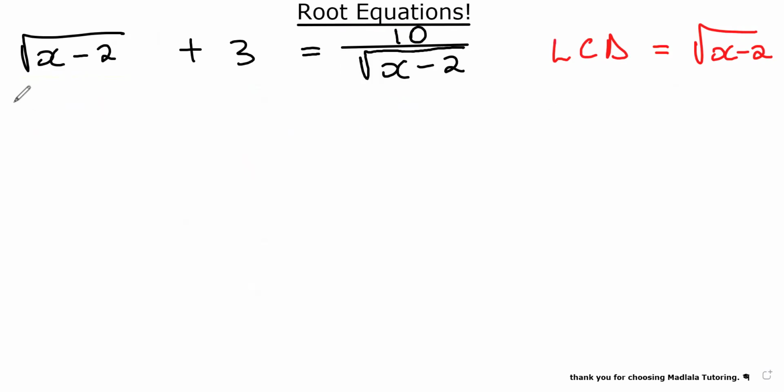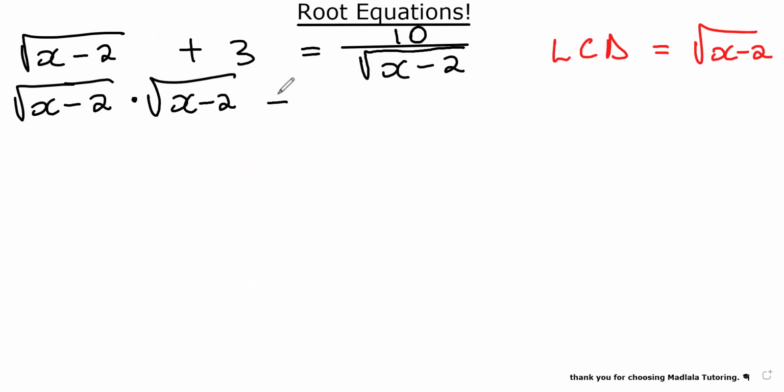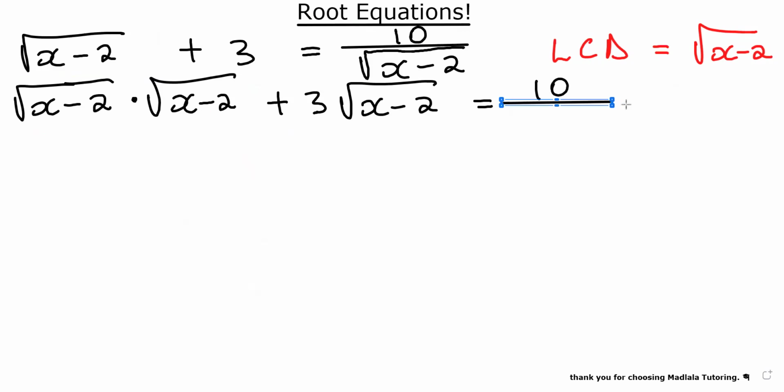So we take the square root of x minus 2, and we multiply it with the square root of x minus 2. In other words, the first term. We take 3, we multiply it with the square root of x minus 2. And then we take the right-hand side as well, which is 10 over square root of x minus 2.